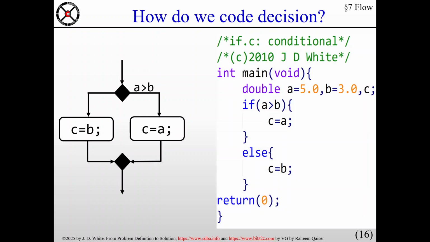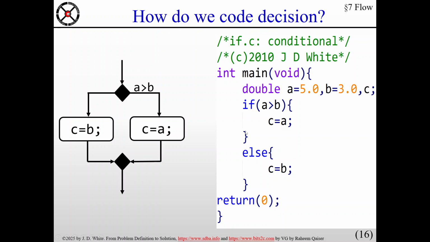Okay, so here would be the simple C code to do that. I have my comments. What it's doing is conditional. Okay, int main(void), double A equals 5, B equals 3, and C. I declared my 3 variables. If A is bigger than B, these brackets, then these brackets, what to do if A is greater than B: I put the value of A into the container C, semicolon ends the line.